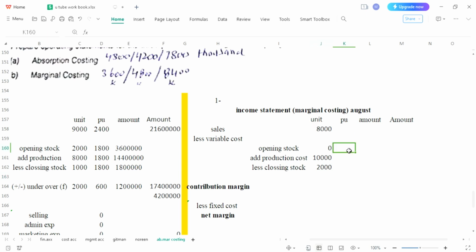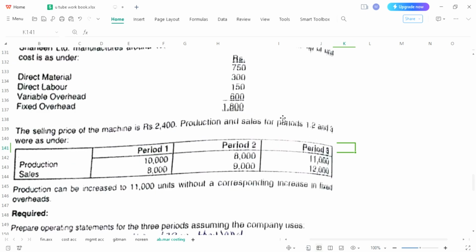You need to put per unit cost. And since we only need variable cost, this is your total cost and fixed cost is 600, and here you can calculate the total per unit.